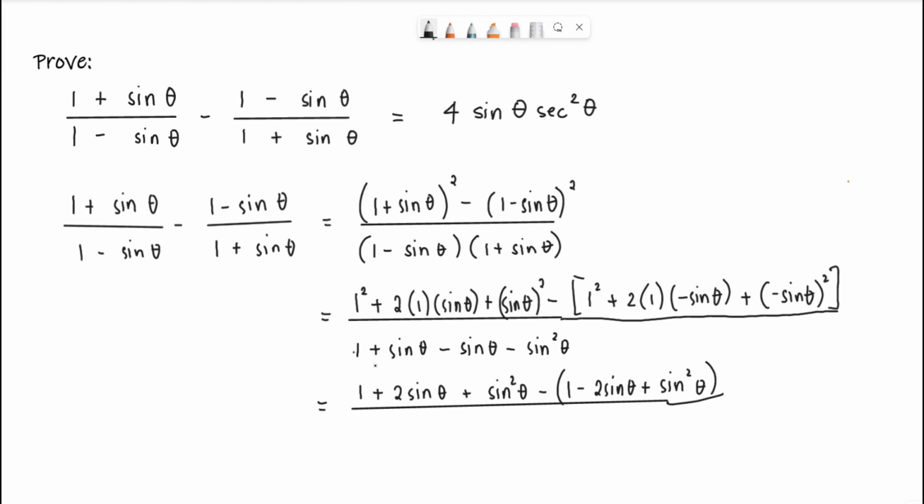In the denominator, we are going to simplify this. So 1, let us copy that 1. And then sine theta minus sine theta will be cancelled since they have the same terms but different signs. And then let us copy negative sine squared theta. Okay, what's next? Let us distribute the negative sign to all the terms inside the parentheses.